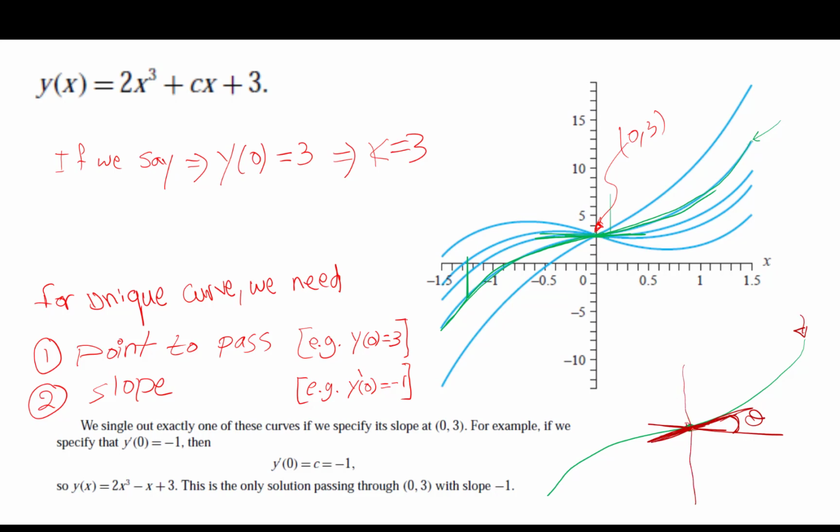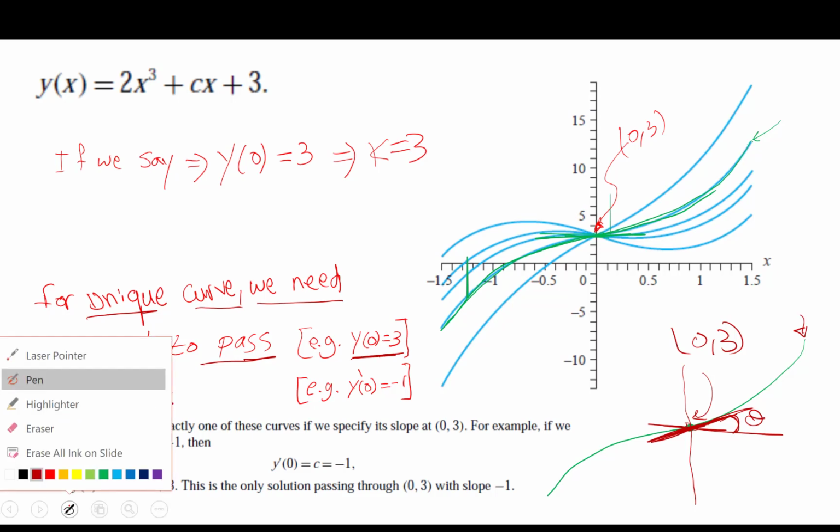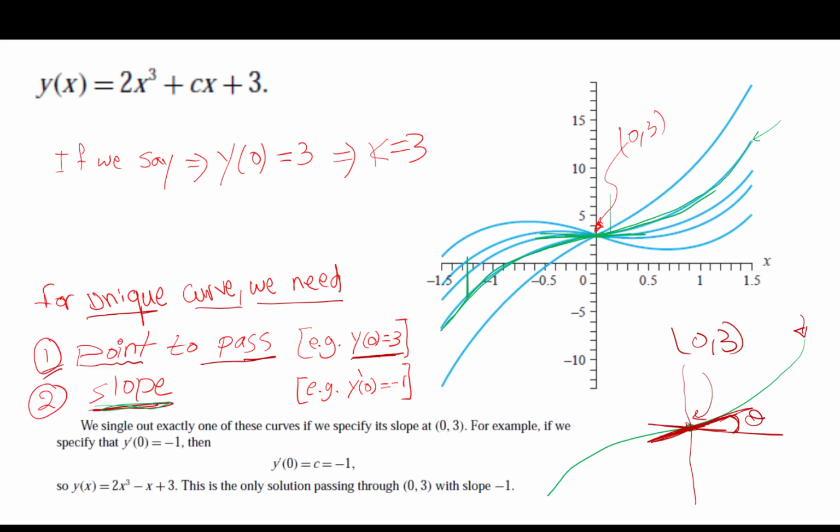Let's assume this is the point that we are talking about, which is 0 and 3. So this means that in order to obtain a unique curve, or a unique solution for our differential equation, we need to have first a point to pass through, for example, as we have obtained from the initial condition, and we need to specify a slope.